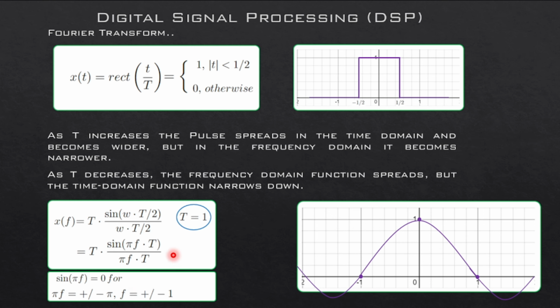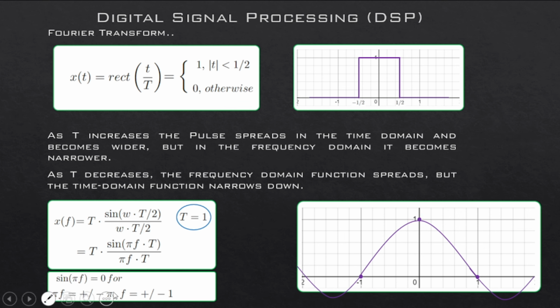Now, because we've changed ω to 2πf, the 2 is annihilated by the denominator, so you get sin(πft) divided by πft multiplied by t on the outside. Let's say t is a constant value, so we need to work on πf. So πf is equal to plus minus π, so you get f equal to 1. Of course, for 0, the sinc is equal to 1.